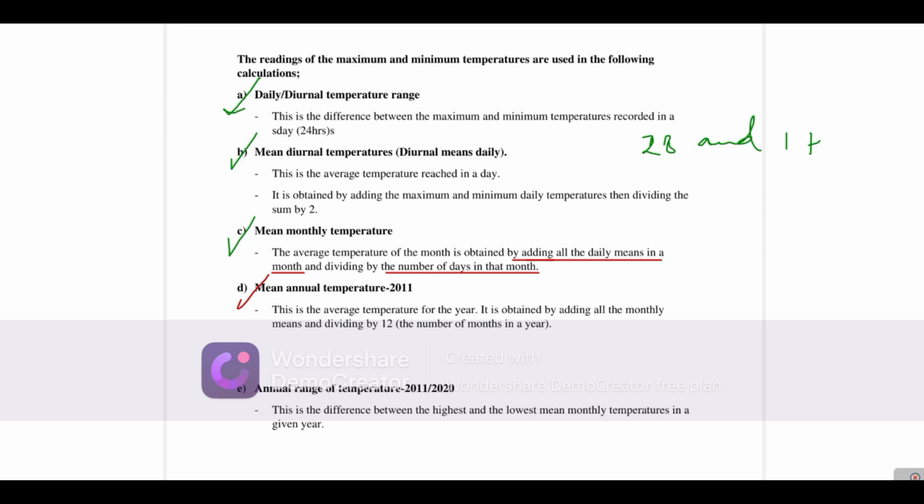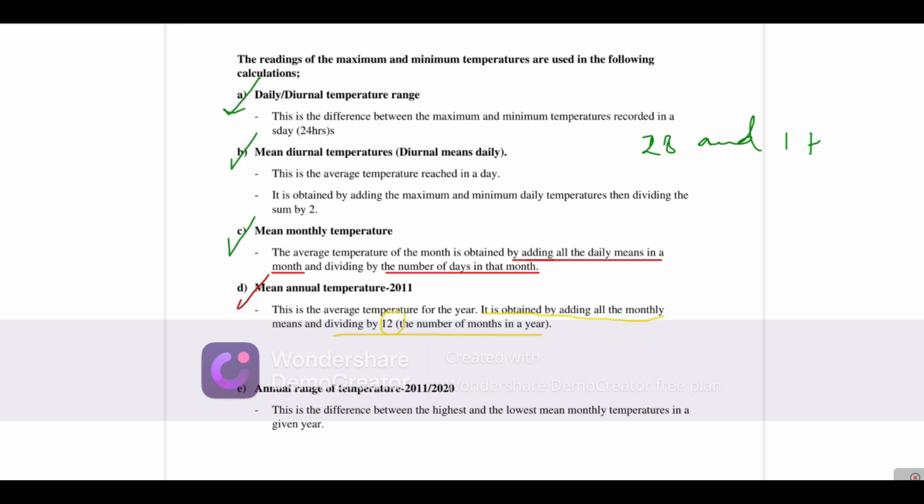And remember, a year has 12 months. So the most important thing to note is that it is obtained by adding all the monthly temperature values and dividing by 12, the number of months in a year. Yeah, I think that is so simple.